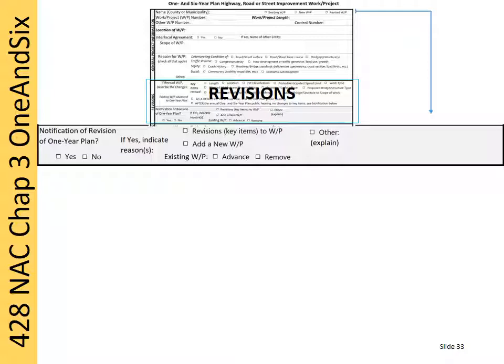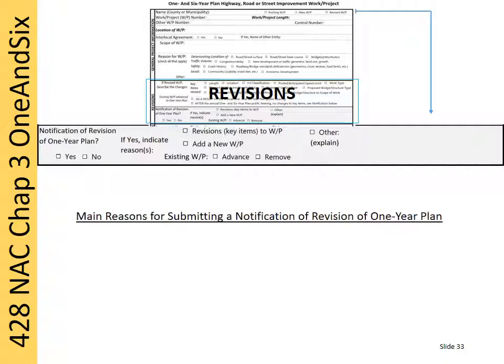In other words, between annual 1- and 6-year plan public hearings. What the proposed form does, for those of you familiar with the current rule and its forms, is combine Form 7 with Form 10. If there is a notification of revision of one-year plan related to this project, check the Yes box. If not, check the No box. One of the two boxes must be checked.